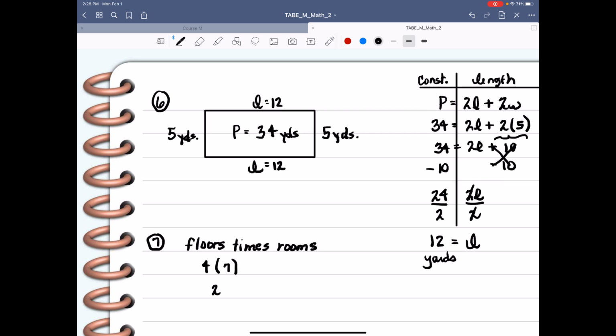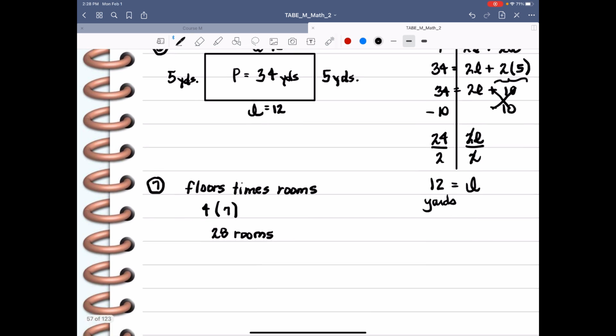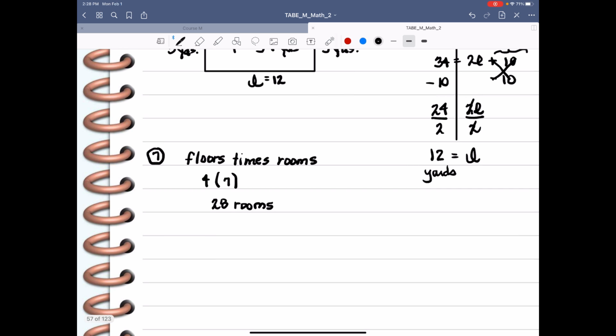That's a total of 28 rooms. Now, still haven't divided, but here it comes. I'm going to take the 112 pillows that I have, and I'm going to divide that by the 28 rooms that we just found.